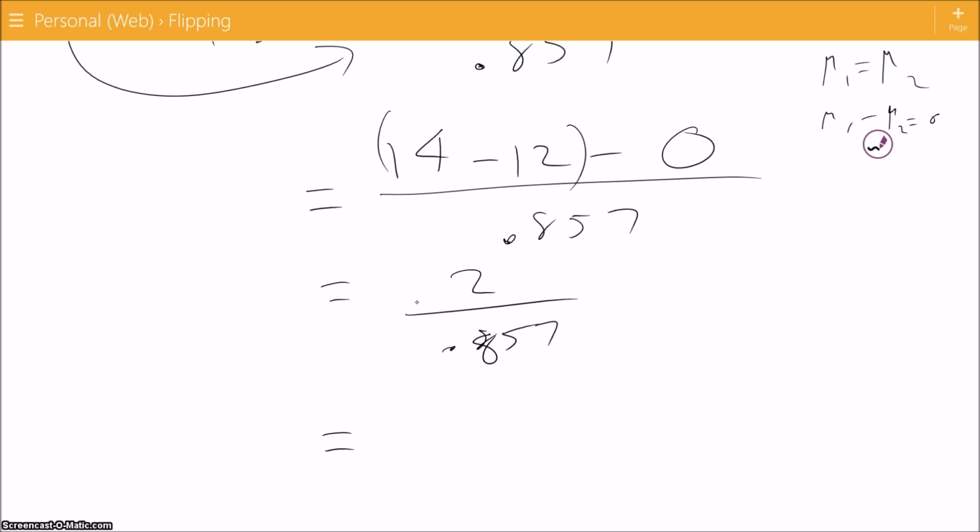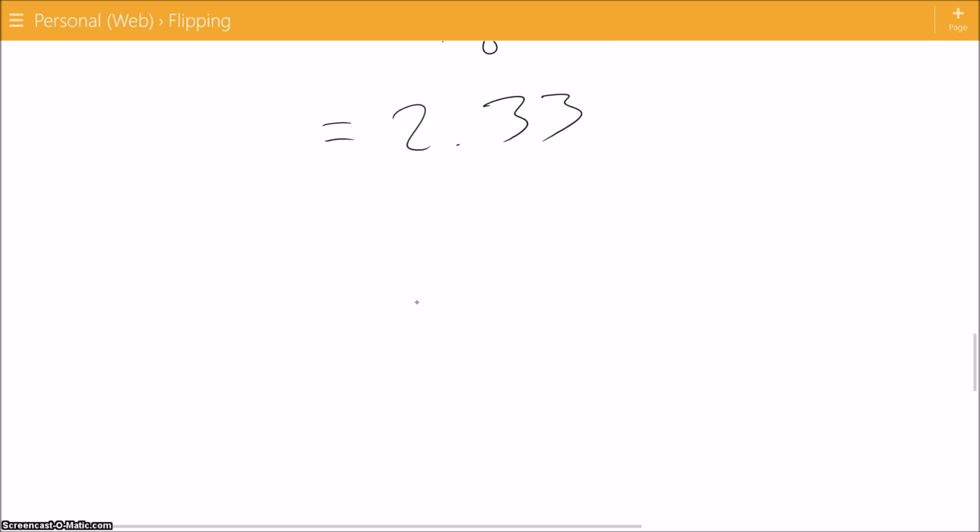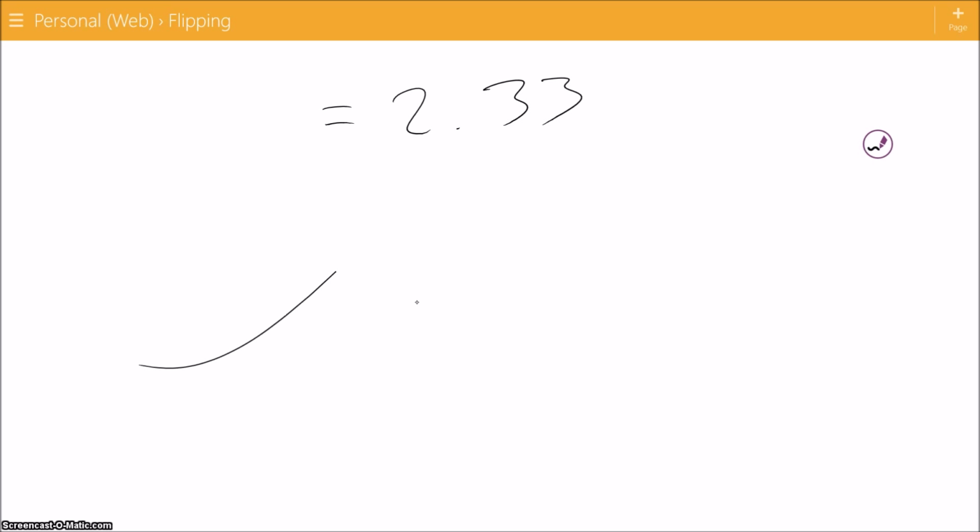a z-score of 2.33. Now you can go to your z-score table, and that will tell you that the probability from the left is going to be 0.9901, but since we're looking to see if mu 1 is greater than mu 2, we're concerned with going to the right.